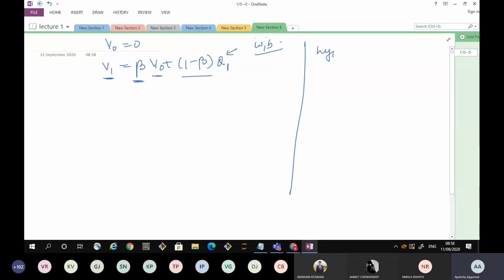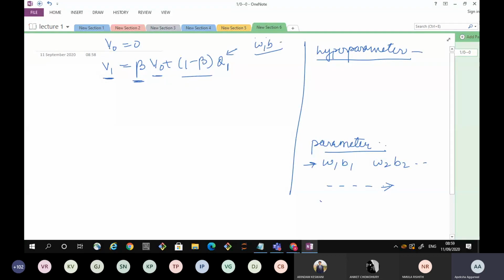What is a hyperparameter, and what is a parameter? Parameters are w1, b1, w2, b2, all the values that we are basically calculating. Hyperparameters are values like alpha, the learning rate of the model, and beta, the coefficient here, and lambda, the regularization parameter.